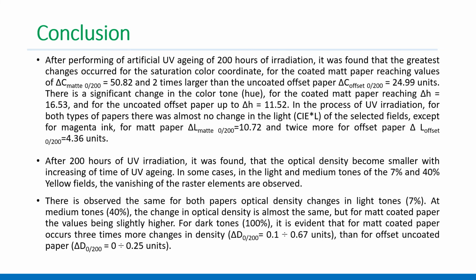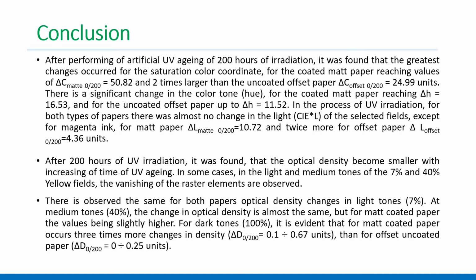There is a significant change in color tone hue coordinate for coated matte paper, reaching differences in hue coordinate about 16, 17 points, and for uncoated offset paper the difference is up to 11, 12 points.